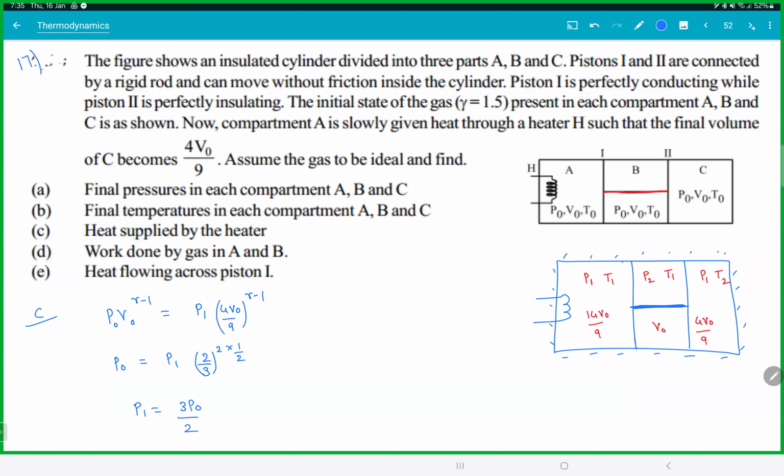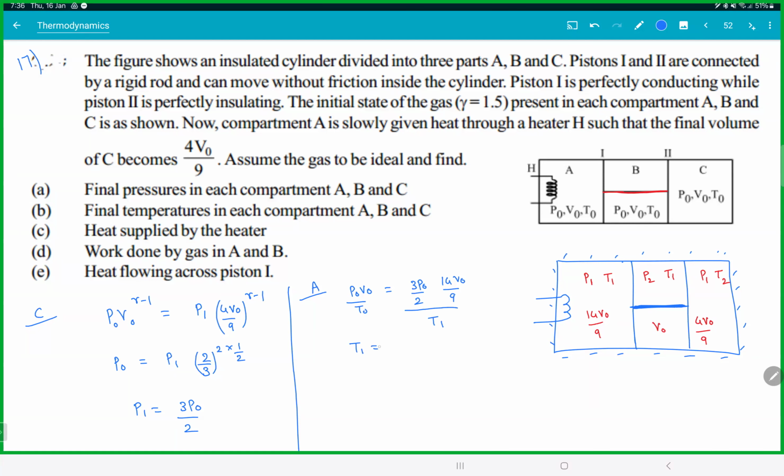P1 has come. Then once I got P1, go to compartment A. In compartment A, P naught V naught by T naught will be pressure P1, which is 3P naught by 2, volume is 14 V naught by 9, by temperature T1. P naught V naught will cancel.